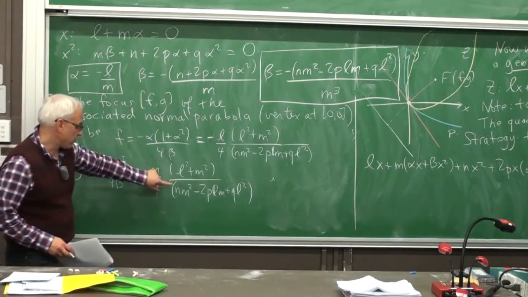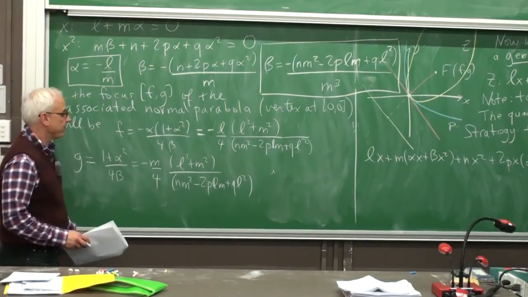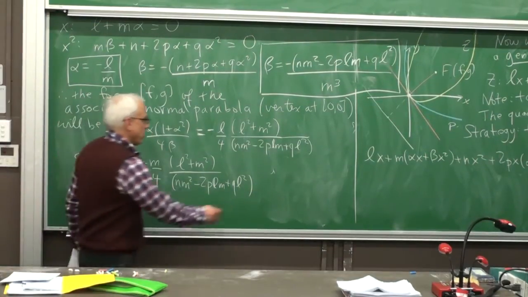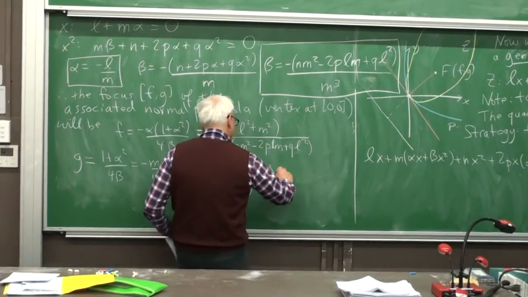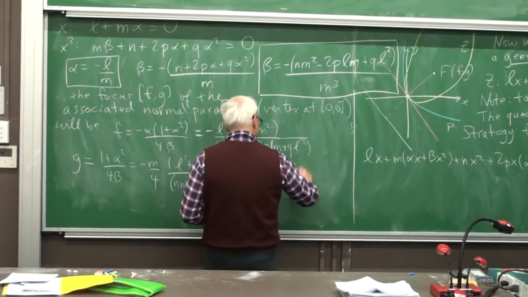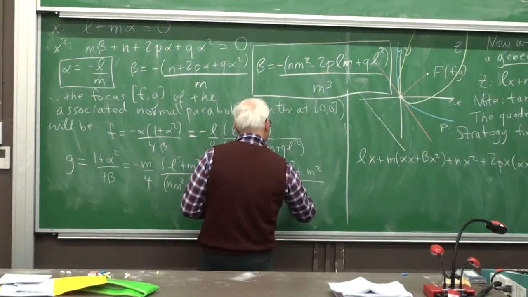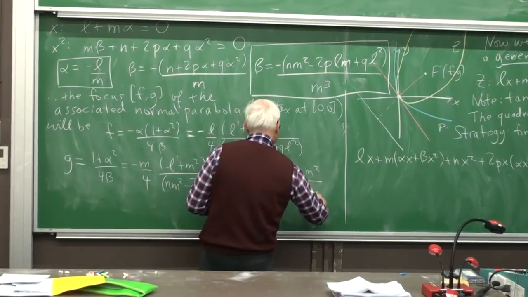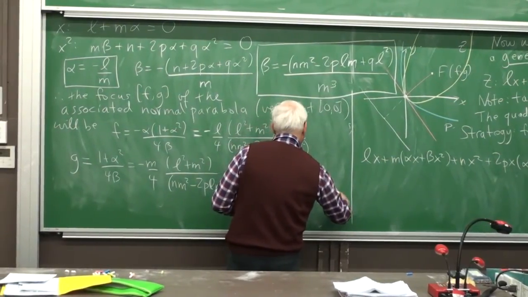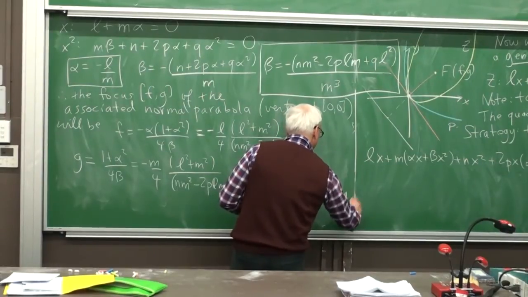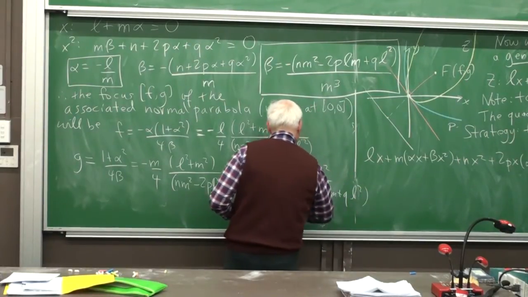All right, so this little ratio appears in both places. So if we maybe give it a name, let's call it delta, the ratio L squared plus m squared over this quantity n m squared minus 2p L m plus q L squared.